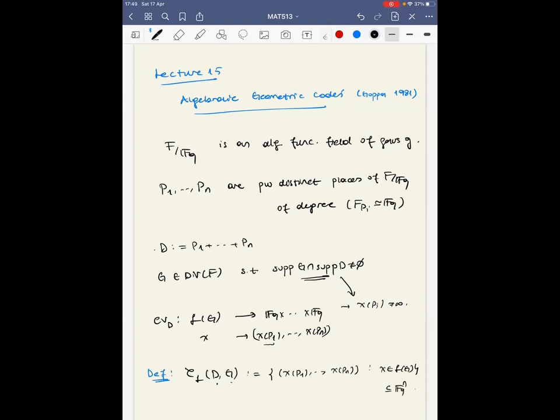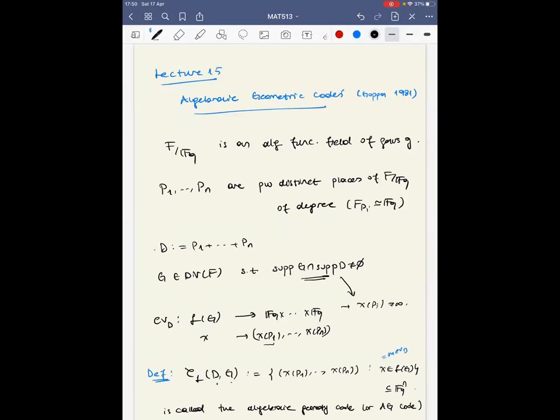So indeed, this set, let me also write it as the image of the evaluation map, is called an algebraic geometry or geometric code. And we will often say AG codes in short.